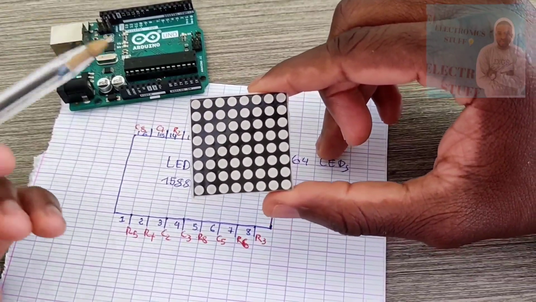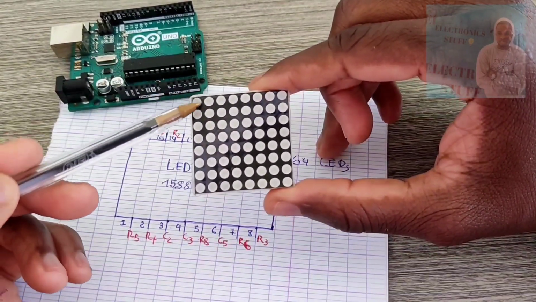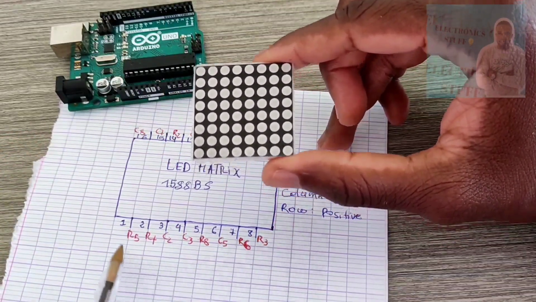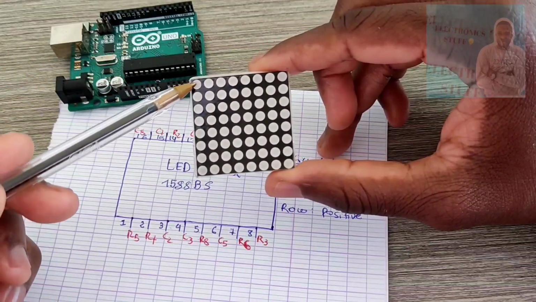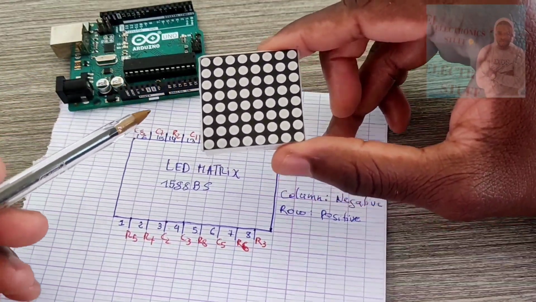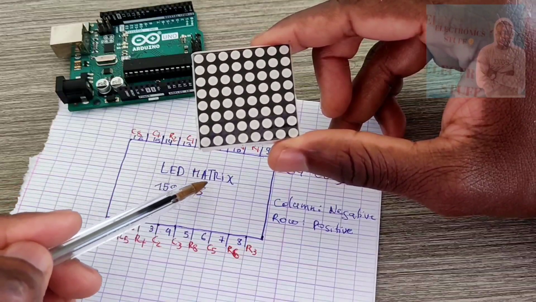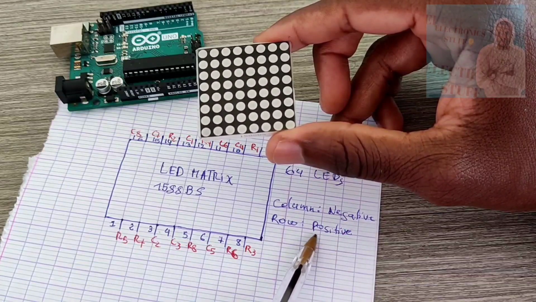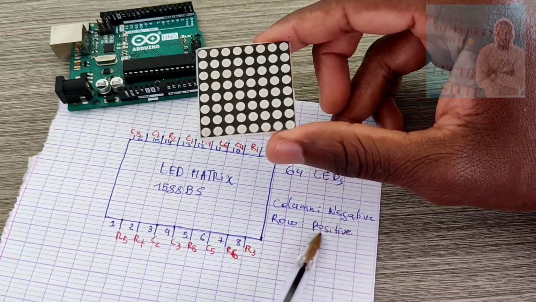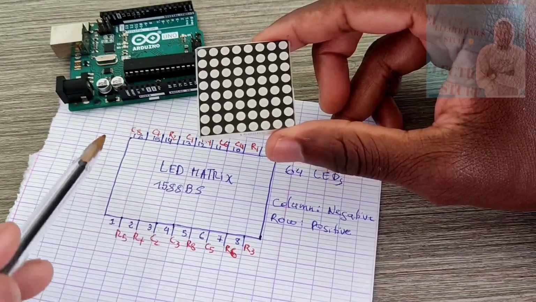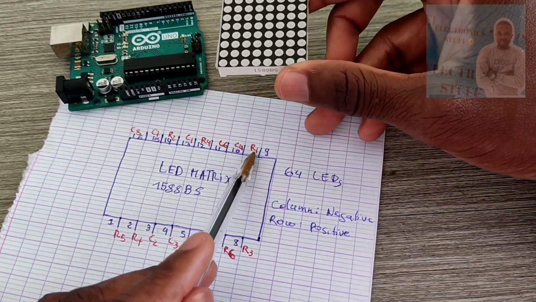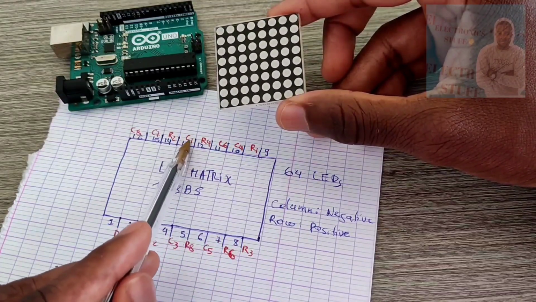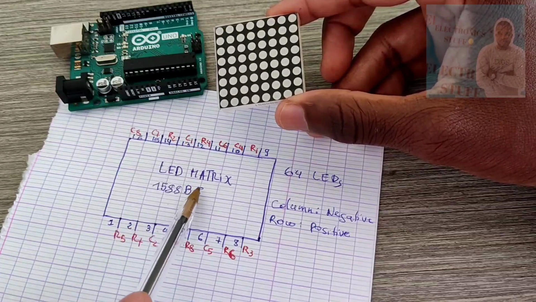For instance, this LED, its row is row 1, and its column is C1, and C1 is the cathode, and the anode is row 1. So row 1 is pin 9, and C1, the column, is pin 13.